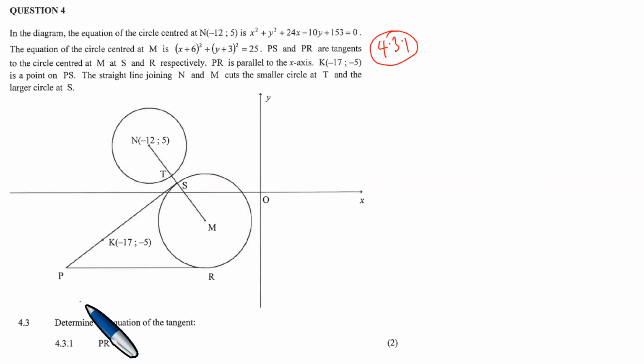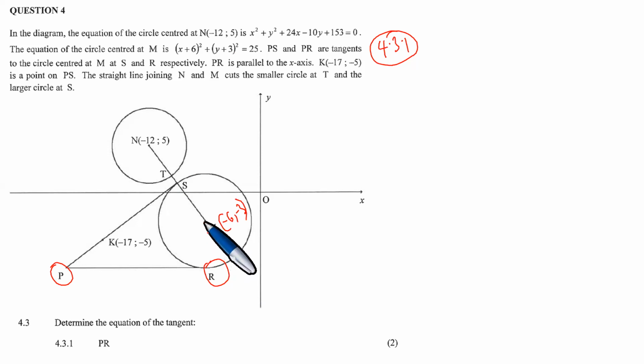Right, what is the equation of PR? Okay, let's look at this one, the equation of PR. What are the coordinates of R? Okay, you realize that the coordinates of M are -6, -3.